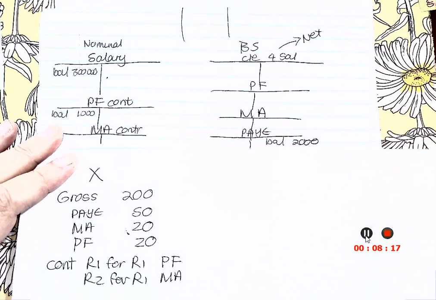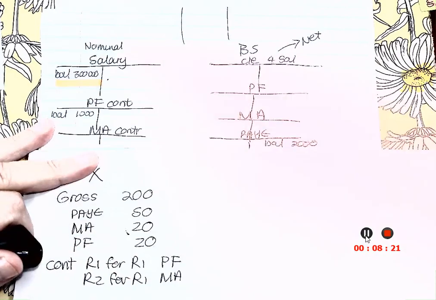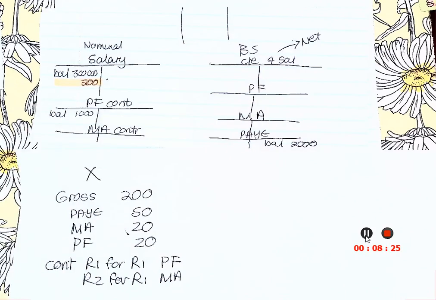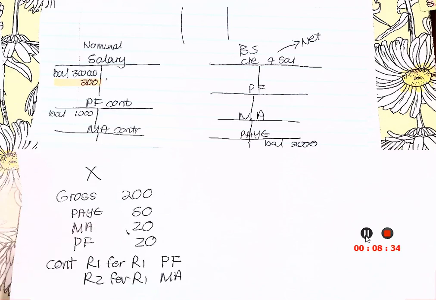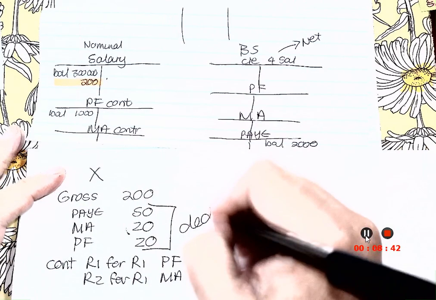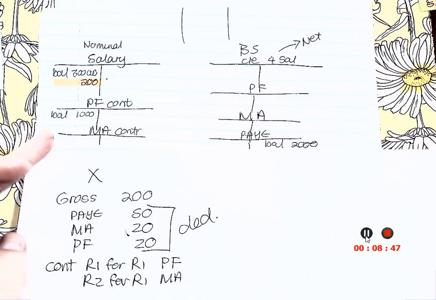First thing I'm going to do is add her gross. I'm adding the gross. Okay. So, now, what am I going to do next? I'm going to add PAYE. But can you see, it's not a contribution. These things here are deductions. It's got nothing nominal because it's already included in that 200.